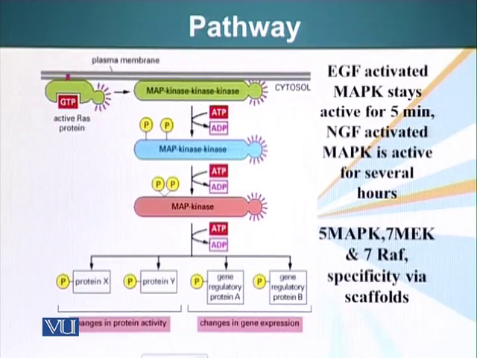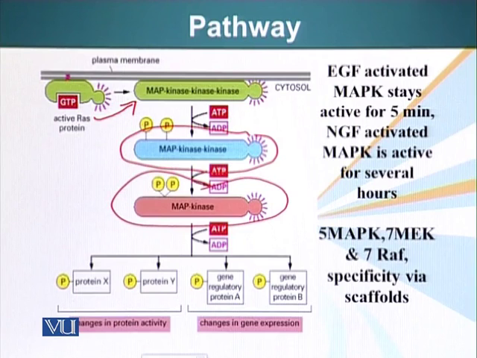I would like to mention here, it is important that you know that there are alternative names for that system. For example, in some cases, RAF is called MAP kinase kinase kinase because ultimately it is phosphorylating a protein that will phosphorylate MAP kinase. And MEK is called MAP kinase kinase, and MAP kinase is, of course, MAP kinase.